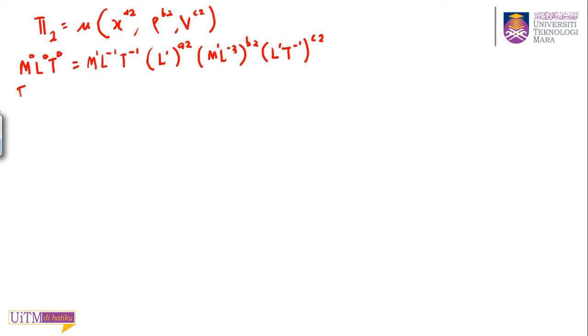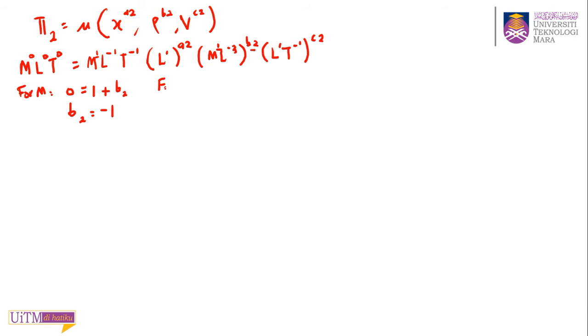So for M, 0 equals 1, plus 0 plus 1 times B2, so we have B2 will equal minus 1.